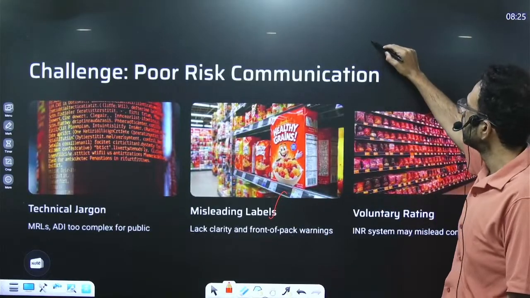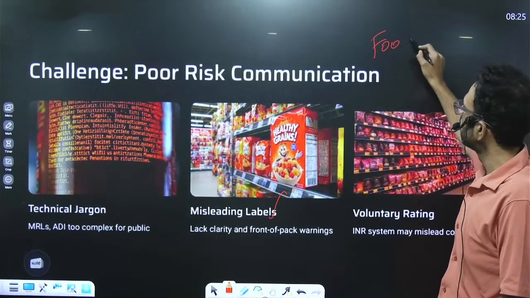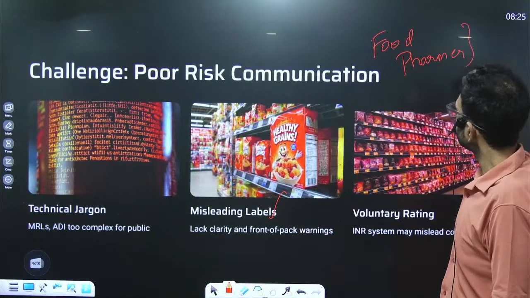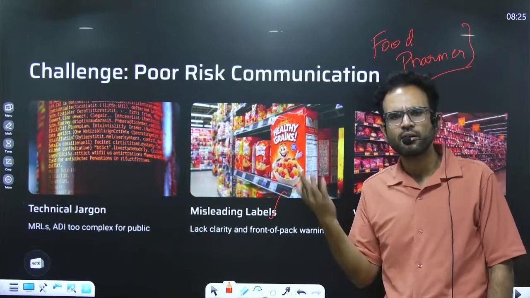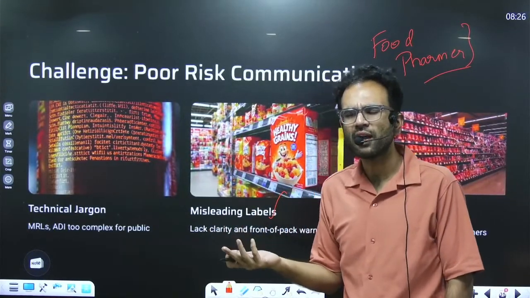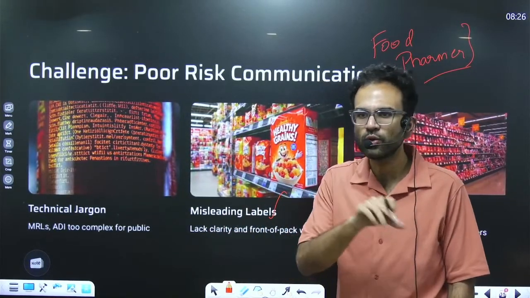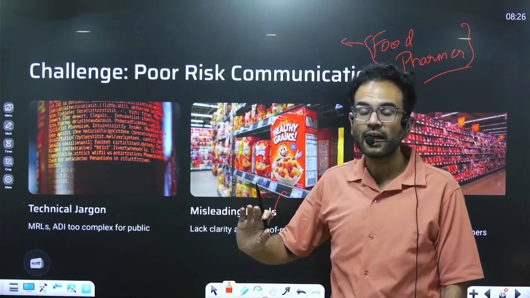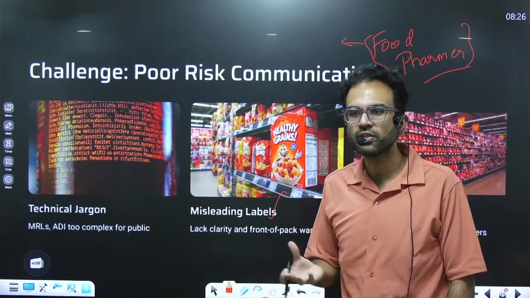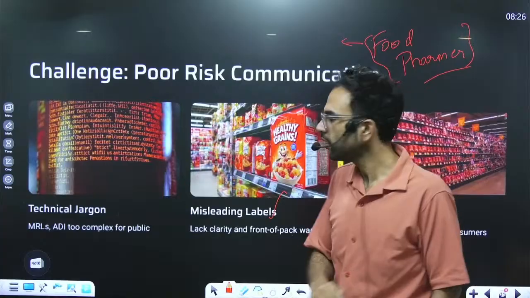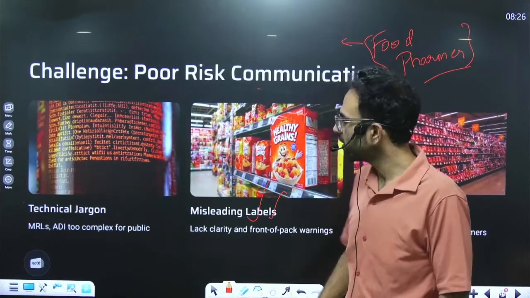There is a person, you can look at people like this, Food Pharmer. He is an Instagram influencer, or I would say de-influencer. This is a new term where de-influencers are discouraging commercial products because of science. Okay, so this risk communication is taken care of.